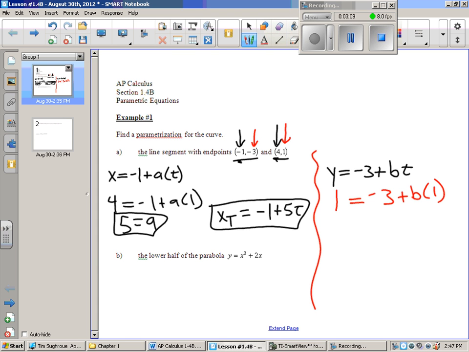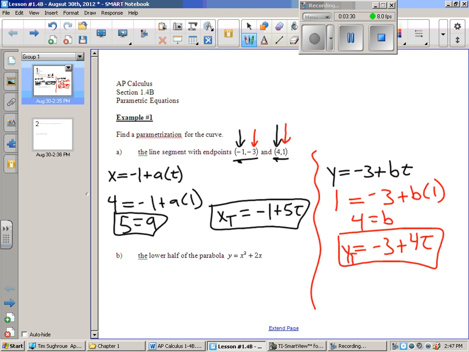We can make this be anything we want, but we're going to use 1. Add the 3 to the other side, and we get b equals 4. So we can write the y-coordinate is -3 plus 4t. We have now defined both our x-coordinate and our y-coordinate.